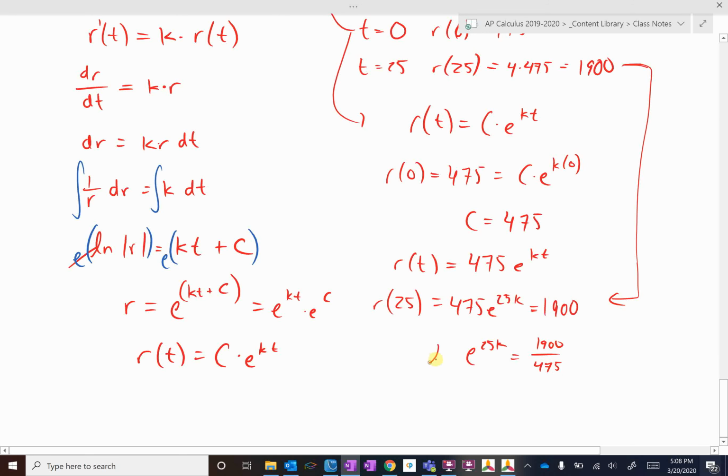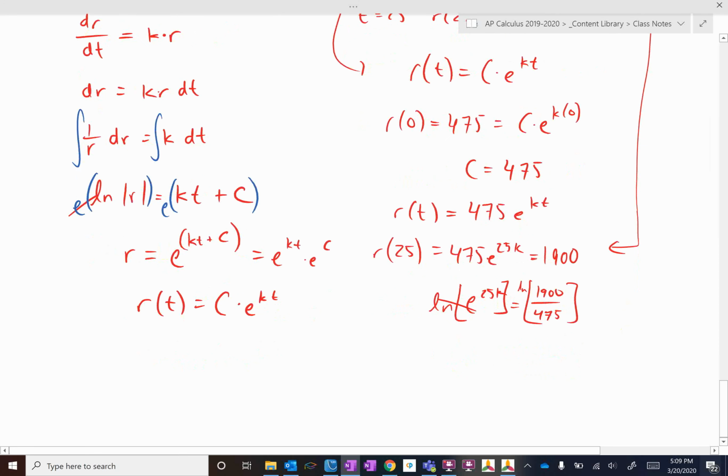We would take a natural log on both sides to cancel the e. And then we'd have 25k equals the natural log of all that stuff. So k would be equal to natural log of 1900 over 475, all divided by 25. Right, we can type that all into the calculator in one shot.